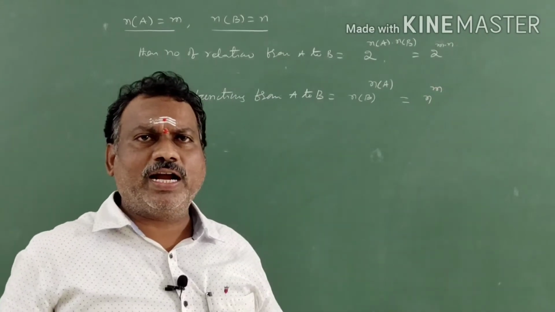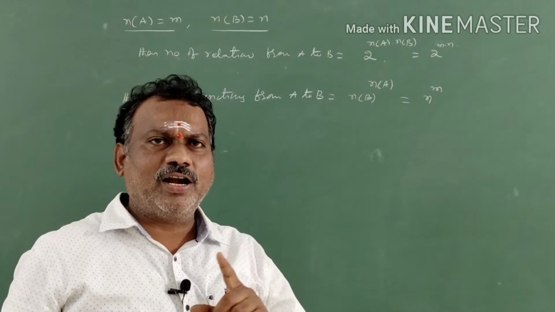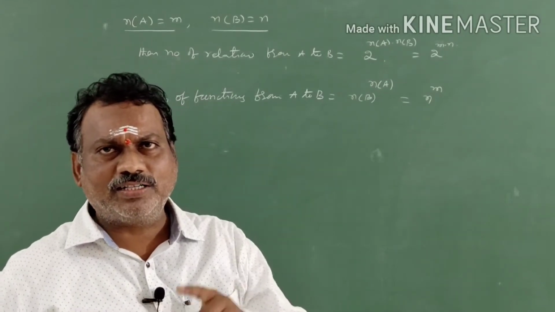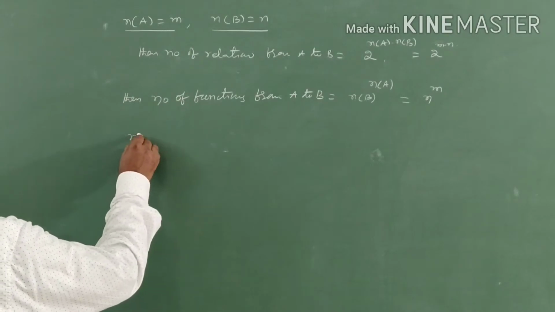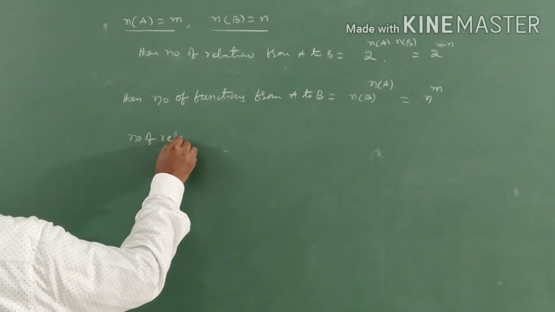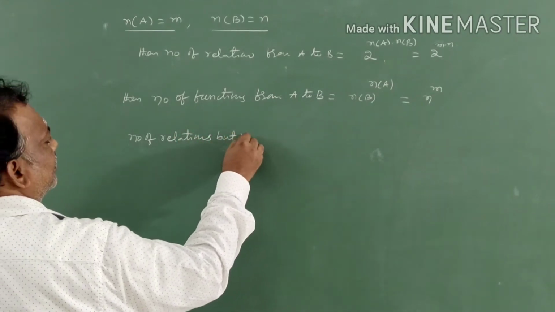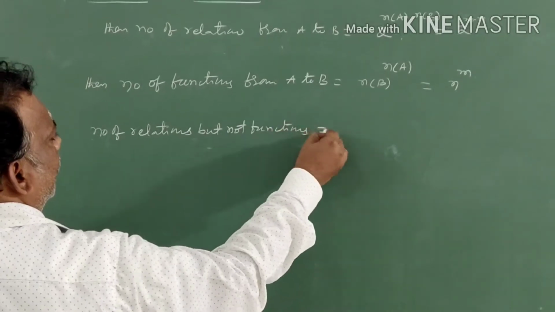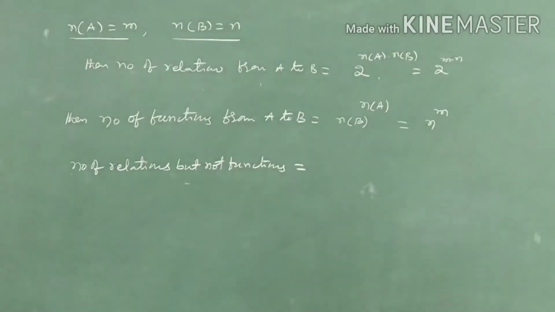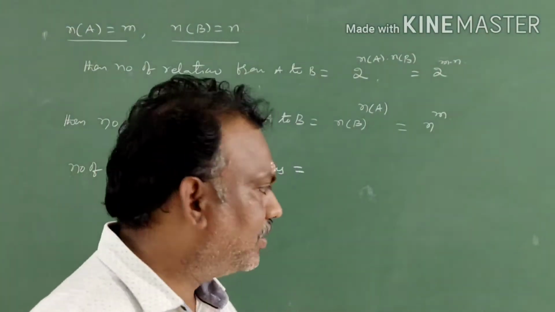Here one more important condition is, as I told in the beginning itself, all relations need not be functions, but all functions are relations. They will ask a question like this: the number of relations but not functions. A relation should not be a function.